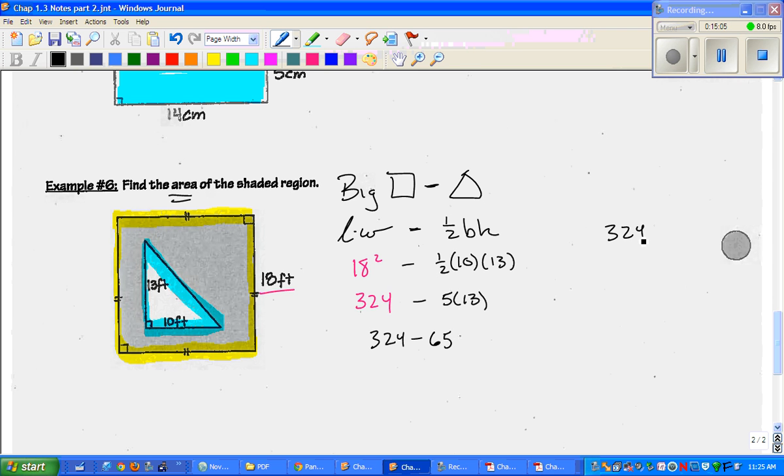So off to the side, 324 minus 65. Have to borrow. Turns into a 1, 11. So the area equals 259 feet squared.